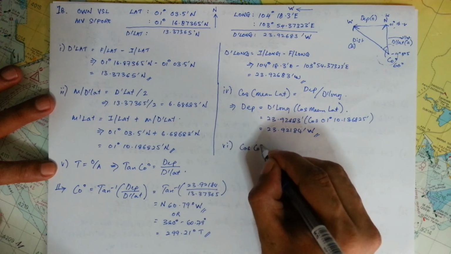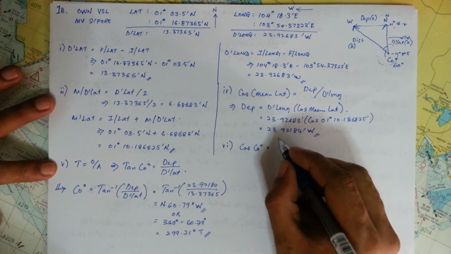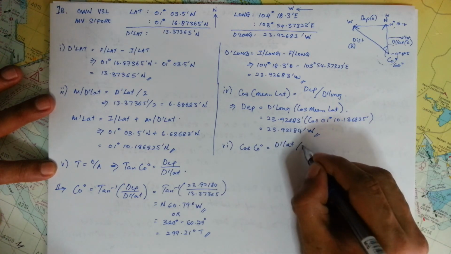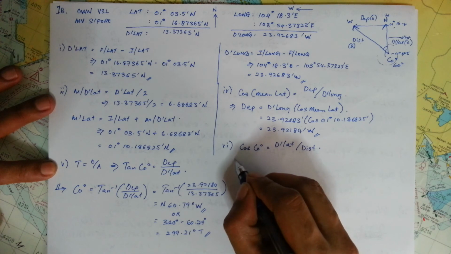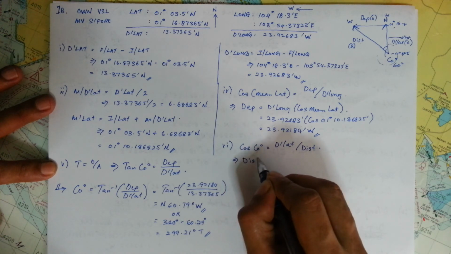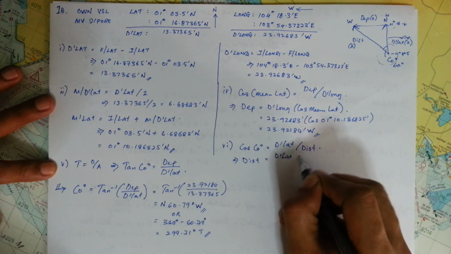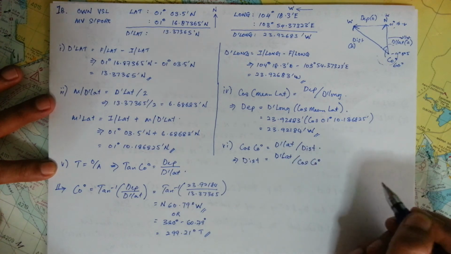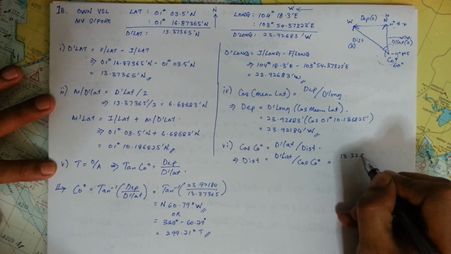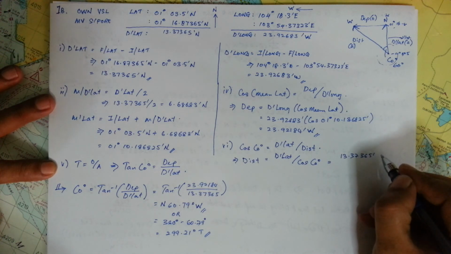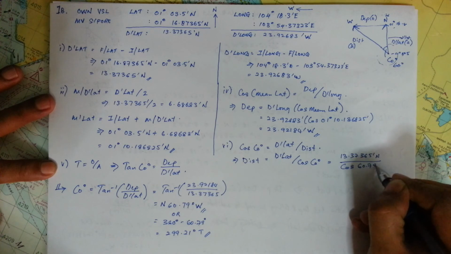So cosine course equals A over H, D lat divided by distance. We need to find the distance, so we rewrite as distance equals D lat divided by cosine course, with 13.37365 divided by cosine 60.79.